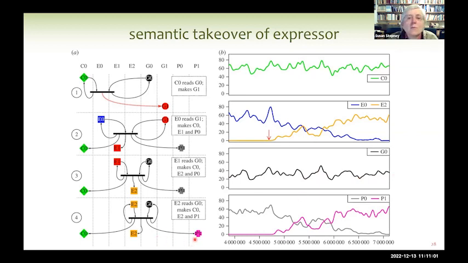We did need a different mutated genome in the middle, but essentially towards the end, what we've done is move from expressor 0 to expressor 2. So we've got the same genome, but now it's expressing a different expressor. And this one has actually also managed to mutate the payload, but that's not particularly important here. The idea is we've got semantic takeover of the expressor without an eventual change of the genome.